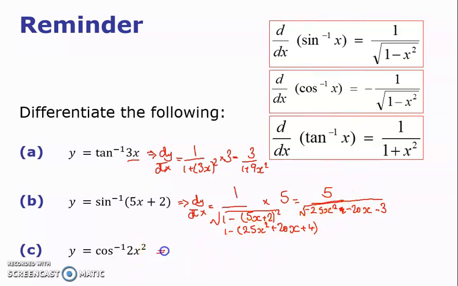And this one looks a whole lot nicer. This is dy by dx equals, well, 1 over that, so in fact it's a minus 1 over the square root of 1 minus 2x squared.